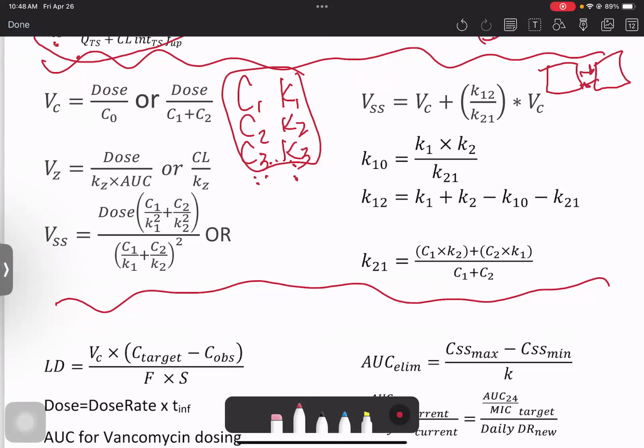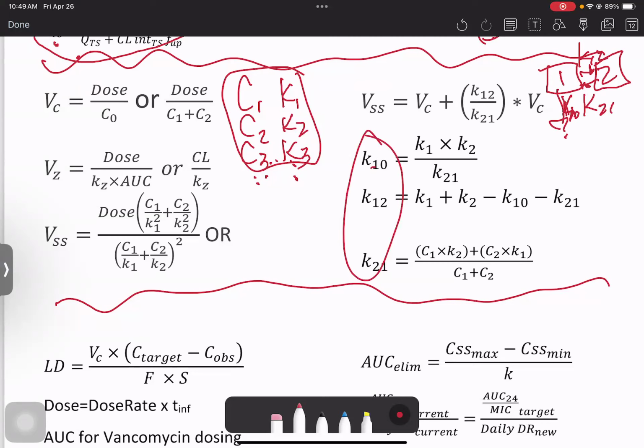So if this is compartment 1 and this is compartment 2, this is going to be K12, this is going to be K21, and then out of the first compartment is K10 to out of the body. You can determine volumes and different micro constants. Your micro constants can be determined by using macro constants.